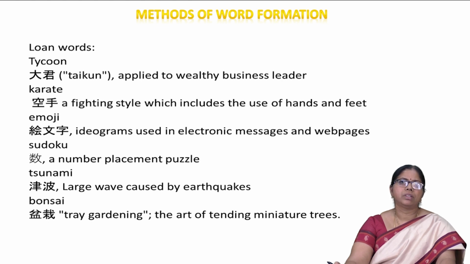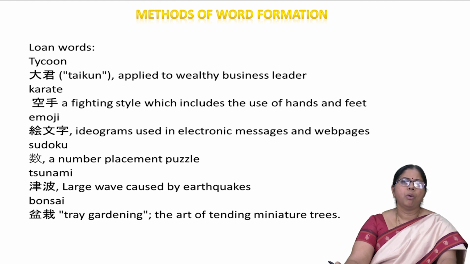Next, emoji is also a loan word. It's an ideogram used in electronic messages and web pages. Sudoku is also a loan word, which is a game with numbers. Tsunami is also a loan word, which means a large wave caused by an earthquake. And bonsai is also a loan word, which means miniature trees.